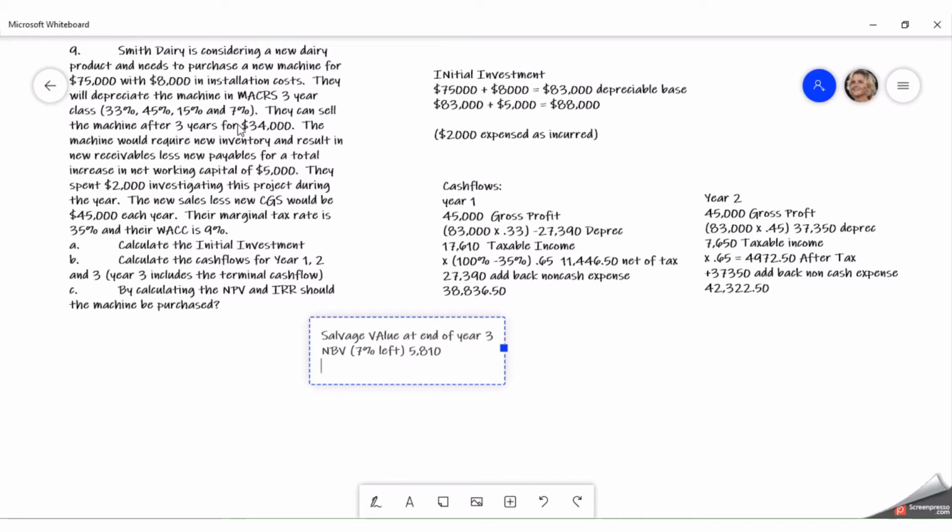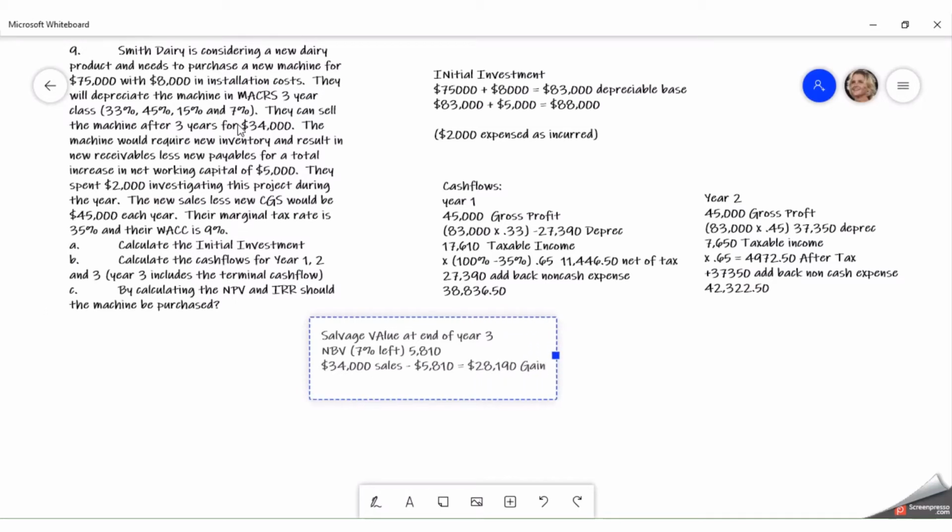So then if we can sell it for $34,000 and we have it on our books for 5,810, we're going to have a gain. And that is a $28,190 gain.